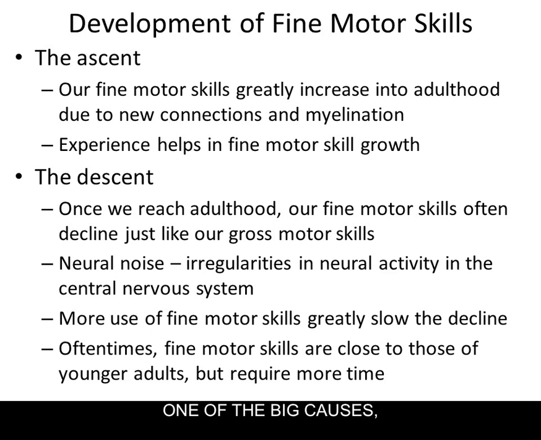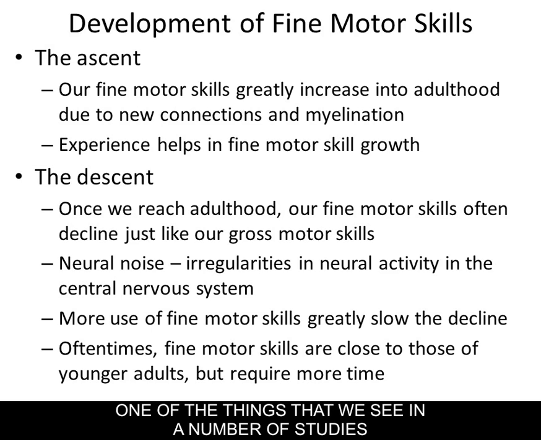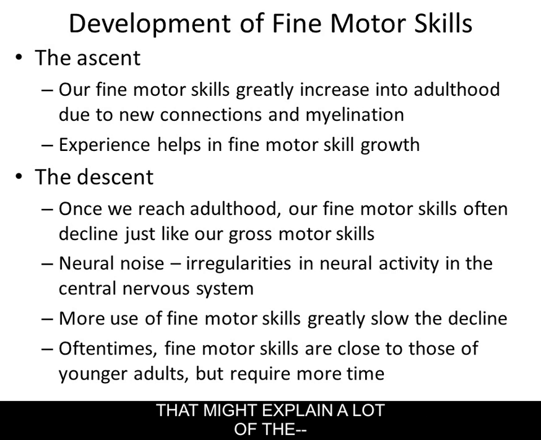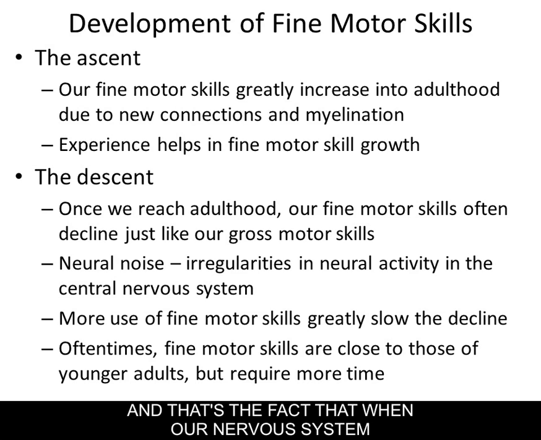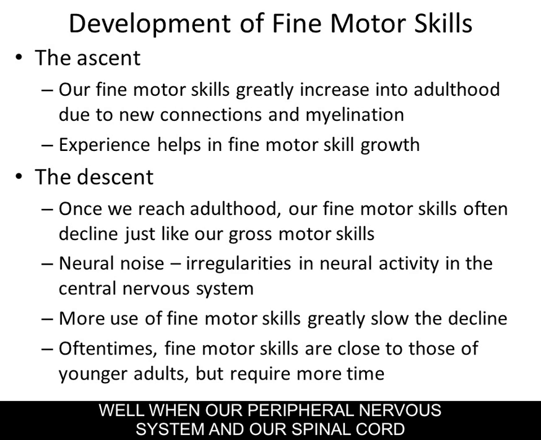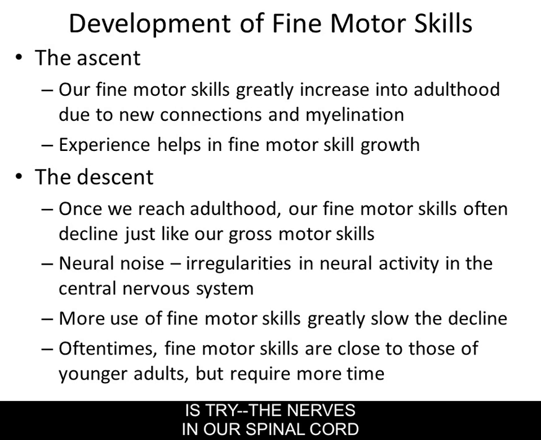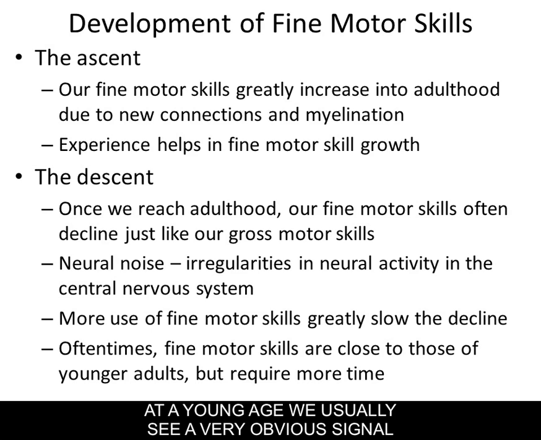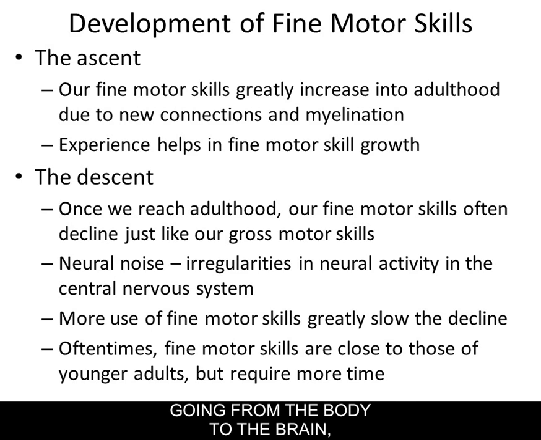One of the big causes, one of the things that we see in a number of studies that might explain a lot of the decline in both gross and fine motor skills, but more fine motor skills, is something we call neural noise. And that's the fact that when our peripheral nervous system and the nerves in our spinal cord are trying to communicate with our brain, at a young age we usually see a very obvious signal going from the body to the brain.